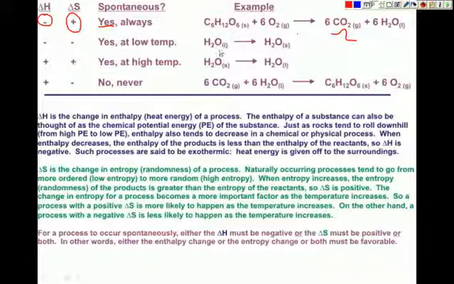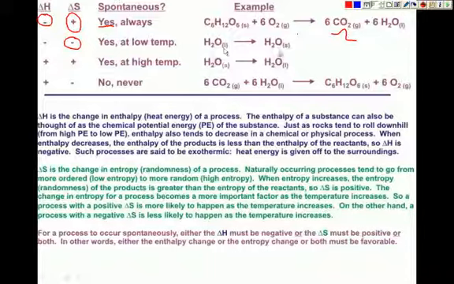Now let's look at the second one. We have a liquid going into a solid. Okay, so the randomness is not increasing, the randomness is decreasing. A liquid going into a solid, we're decreasing our randomness.